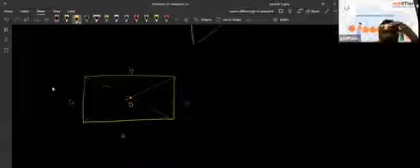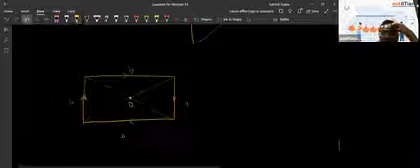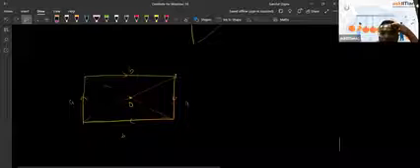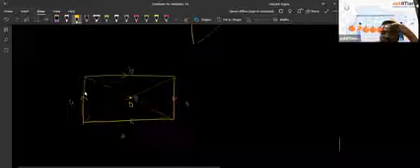Tell me, the magnetic field due to all the wires. Let's suppose this is wire 1, this is 2, this is 3, this is 4. Due to all the wires, the field would be in the same direction only, in the cross direction.